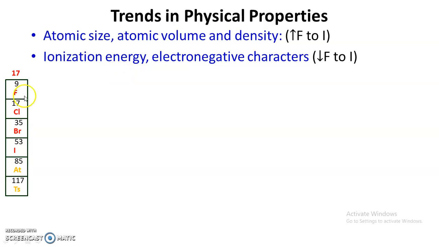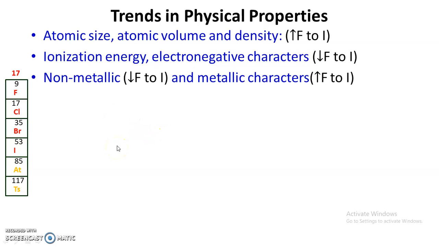Similarly, electronegative character also depends upon atomic size. Smaller the size of the atom, greater is the electronegativity, and fluorine has the highest electronegativity, that is 4, and electronegative character also decreases from fluorine to iodine because atomic size increases.